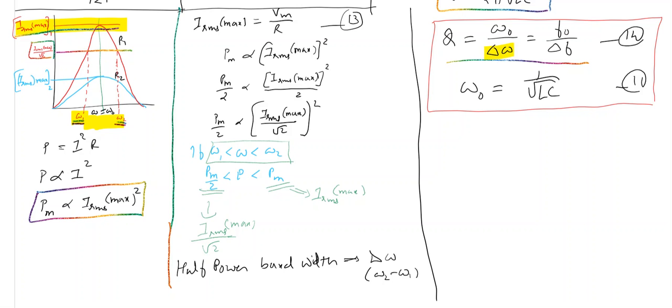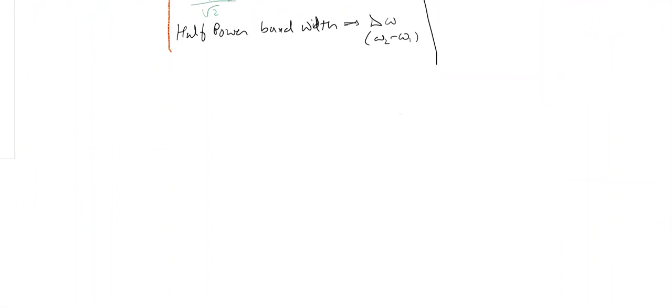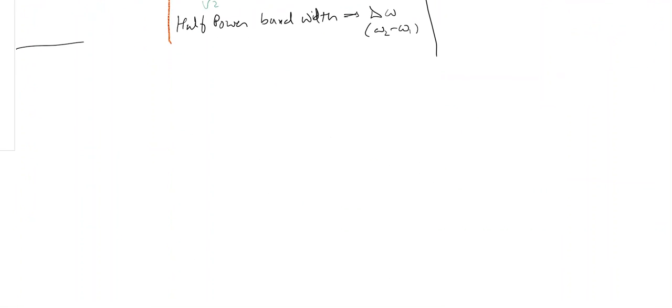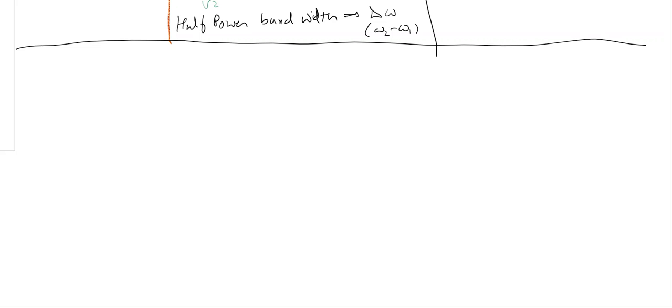So we know that the current in the circuit can be given as IRMS is equal to VRMS by under root R square plus omega L minus 1 by omega C whole square.